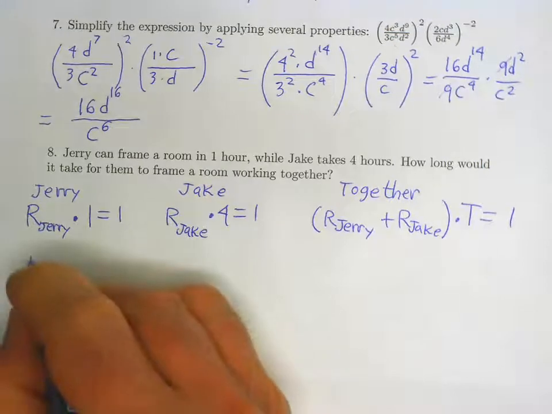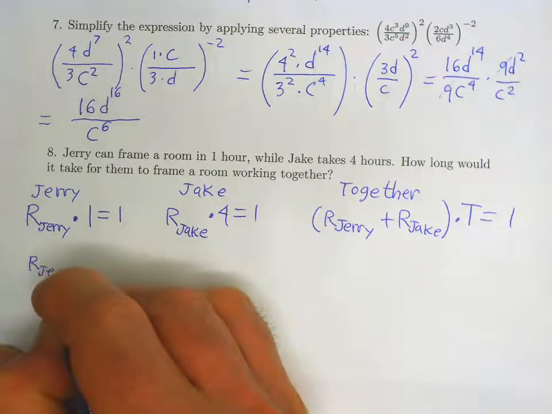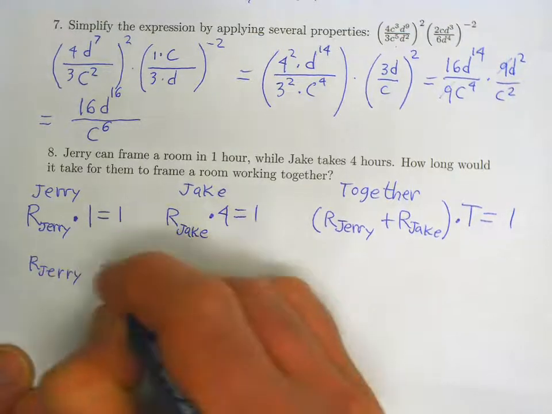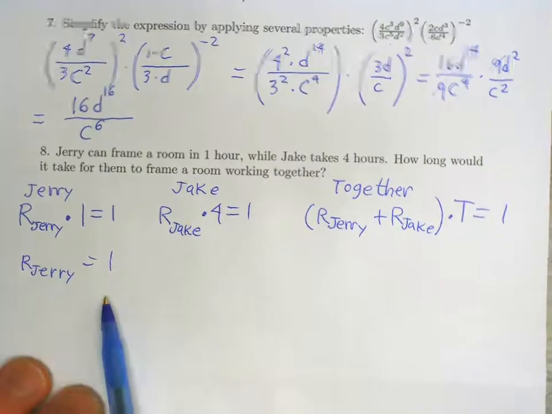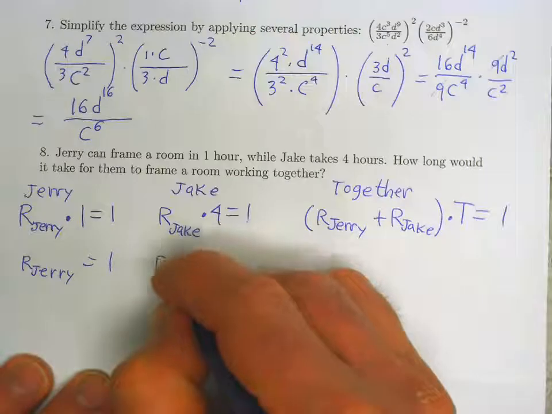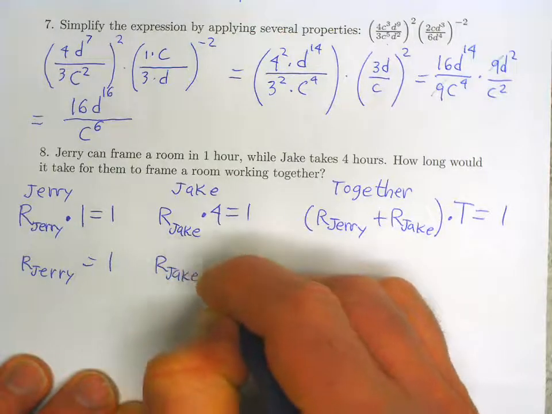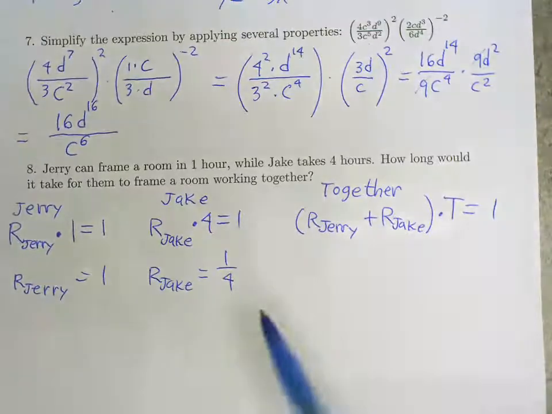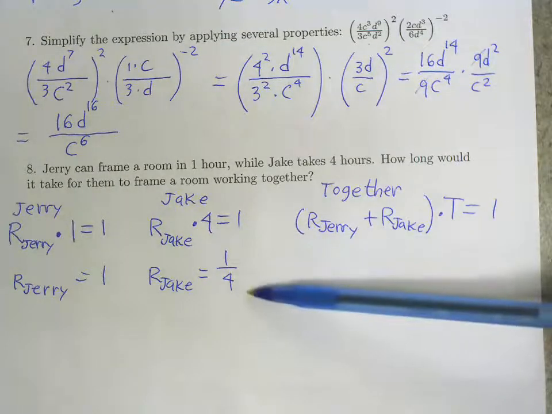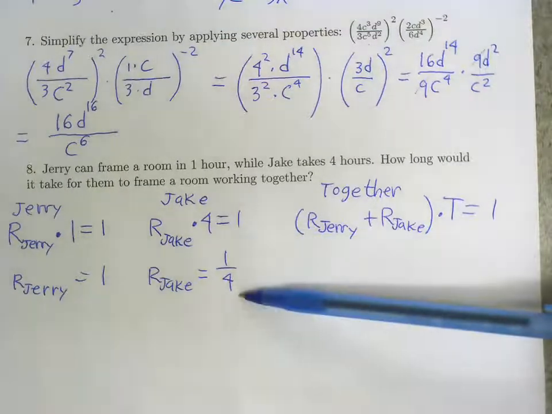Okay, so Jerry's rate is 1. 1 divided by 1 is 1. Jake's rate is 1/4. That just means that he can complete 1/4 of the job per hour.